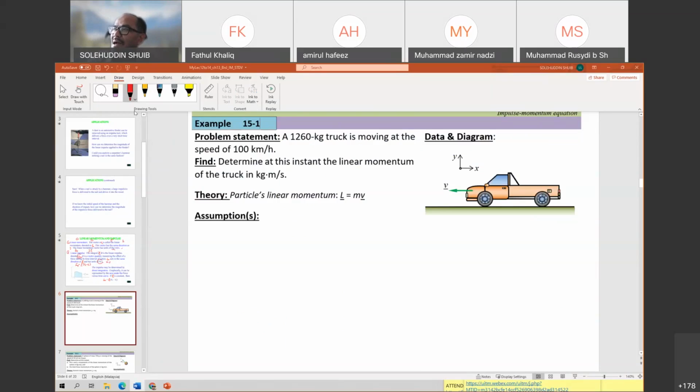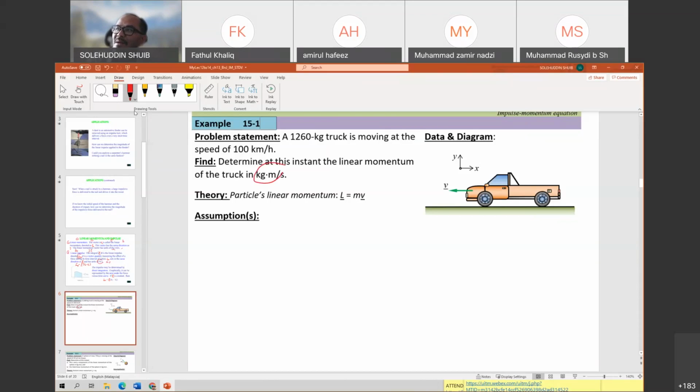We have a truck, and the truck is moving with a speed of 100 kilometer per hour. What you need to do here is find, at this instant, the linear momentum of the truck in kilogram meter per second. You see the unit? You need to follow this unit.